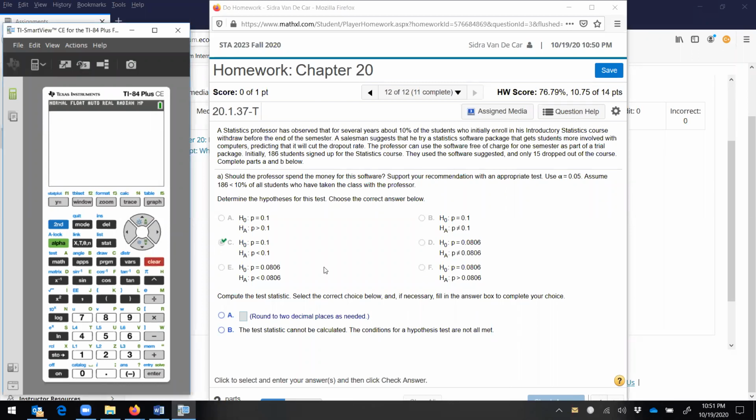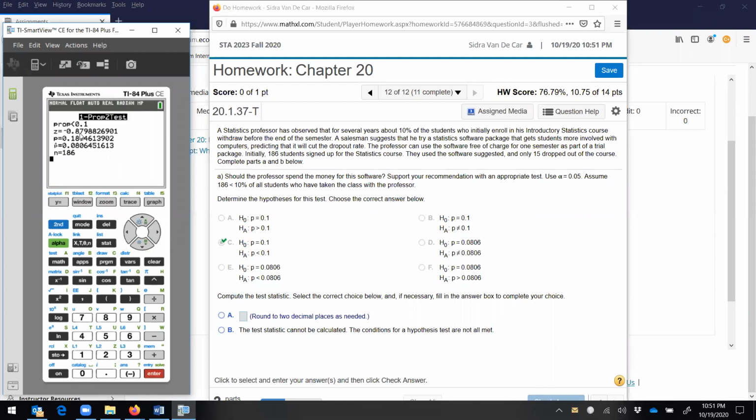All right, so we are doing STAT, TESTS, 1-PropZTest, option 5. Our p naught is the 0.1. The number that dropped out is 15 out of the 186. Yeah, 186 is our n. We hypothesize that we're less than, so let's calculate it.